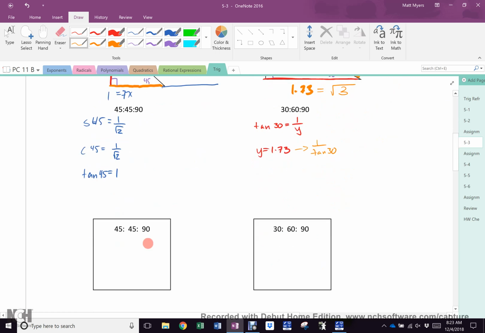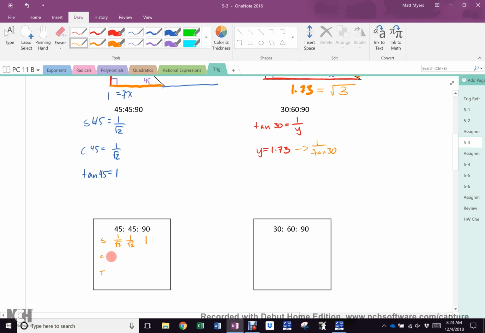So I'm going to come down here, 45, 45, 90. Sine, cos, tan. 1 over root 2, 1 over root 2, and 1. Right? What's this one?